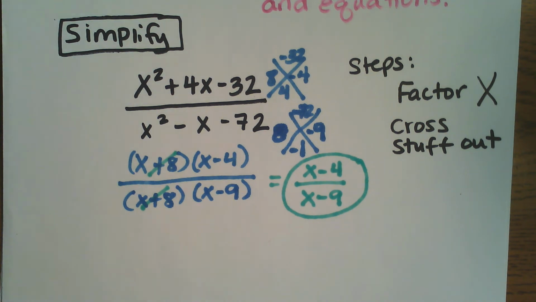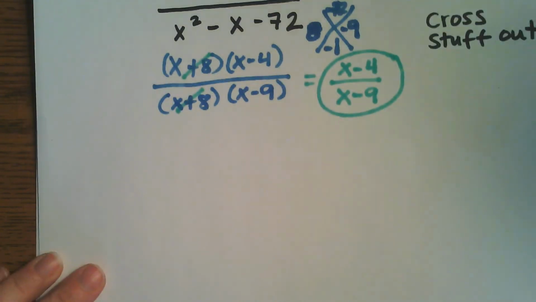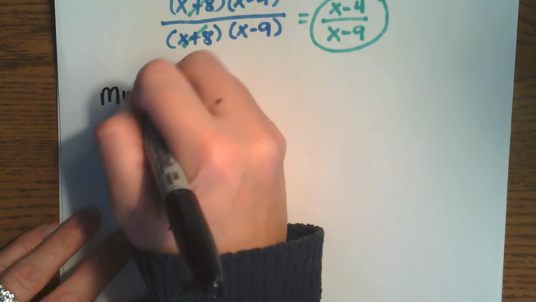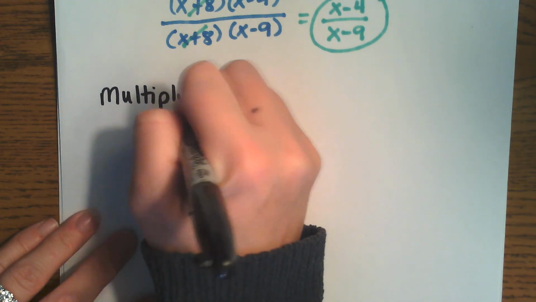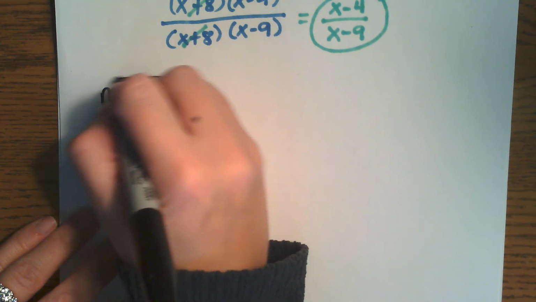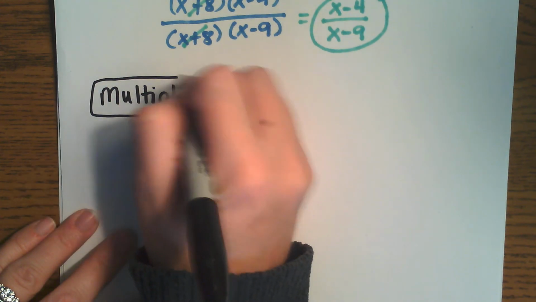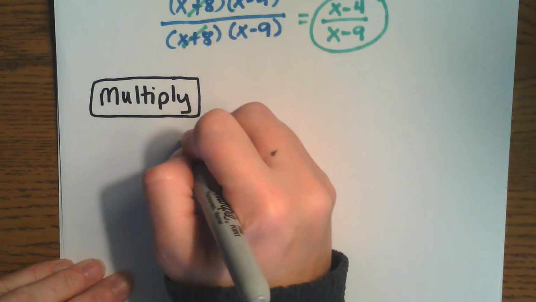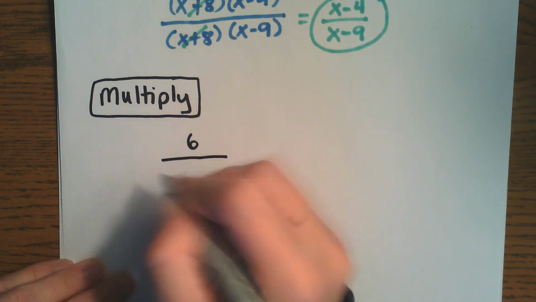All right. After we learned about simplifying, we went on to multiply. And it's basically a simplifying problem on steroids. So there's just a little more to do here.